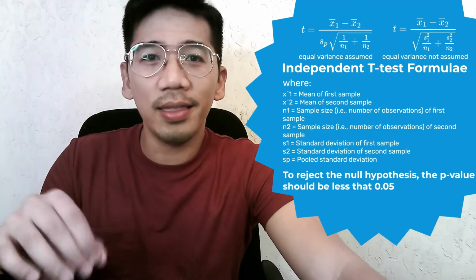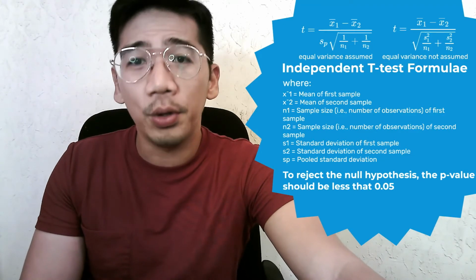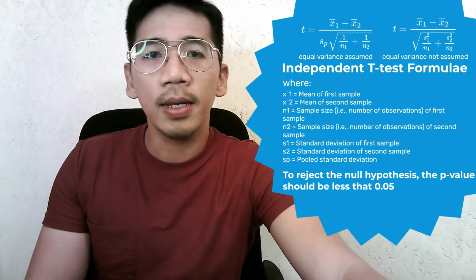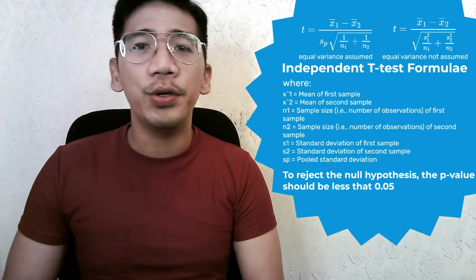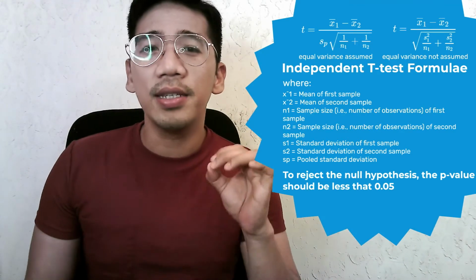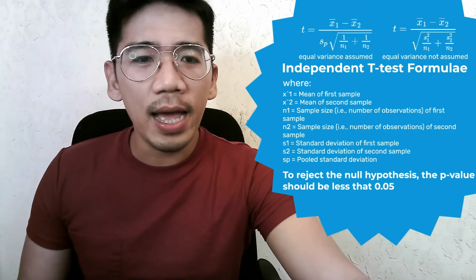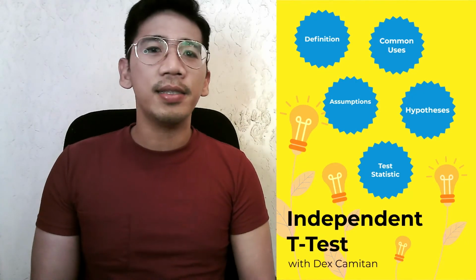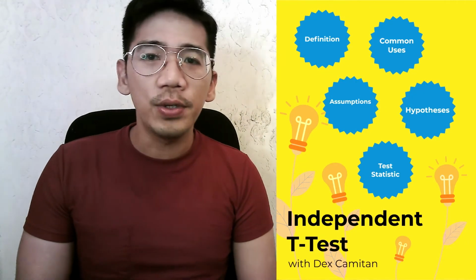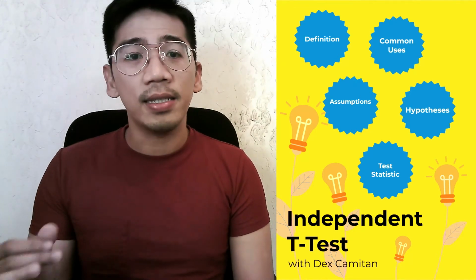Note that the null and alternative hypotheses are identical for both of the test statistics. And to reject the null hypothesis, the p-value should be less than 0.05.